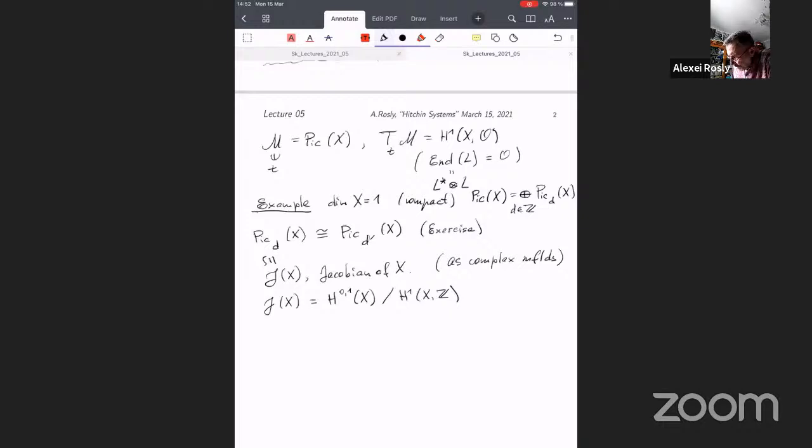Now I have to show that this lattice is indeed something inside H^{01}. This comes in two steps. First, the integral cohomology is a sublattice in real cohomology, in cohomology with real coefficients.